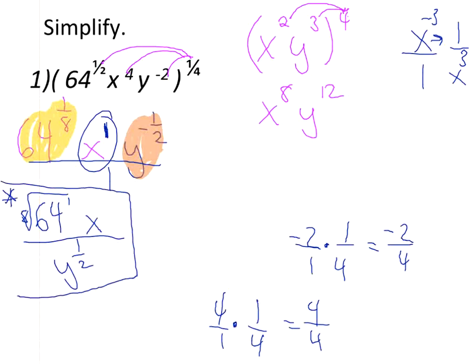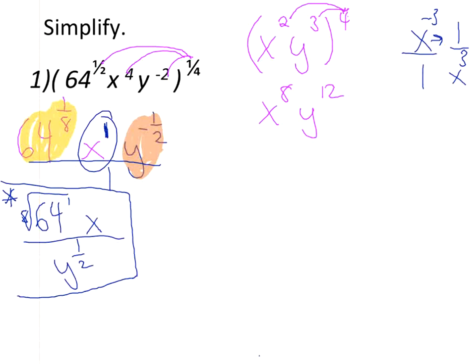I would love to circle it and say I'm done, but I'm missing one last piece of the puzzle. Do we know what the piece is? Why is this not fully simplified yet? I'll highlight it. Can't have fractional exponents. So I need to switch my fractional exponent into radical notation, just like we did with the 64.